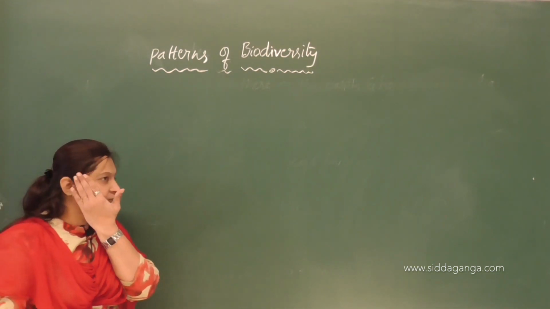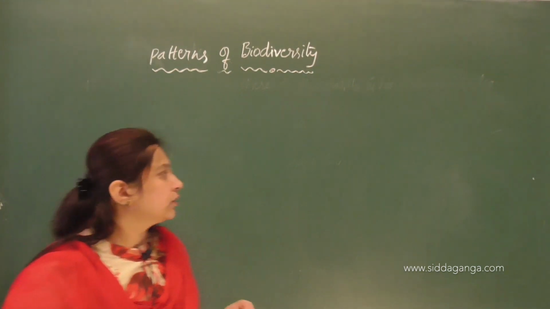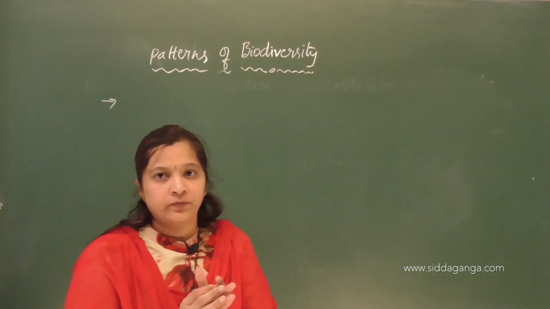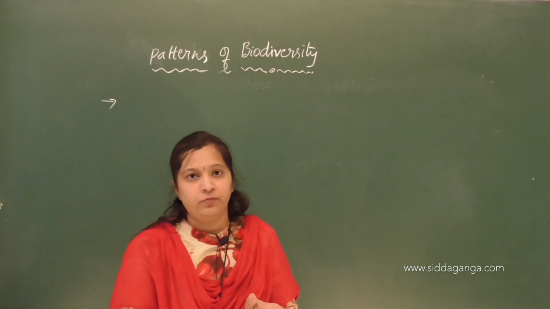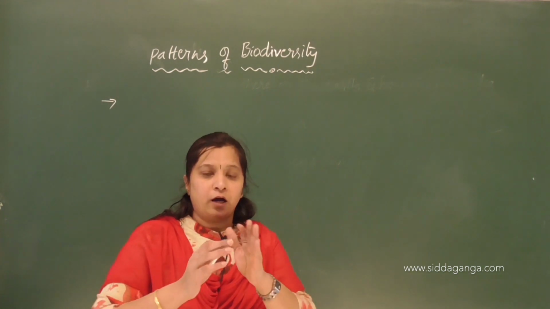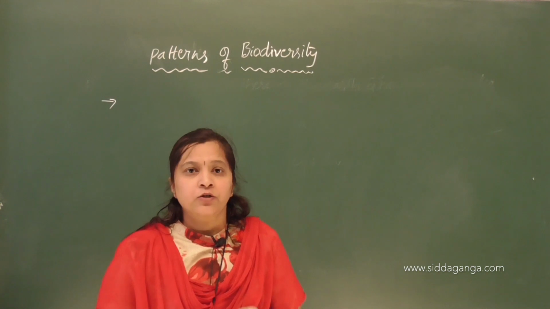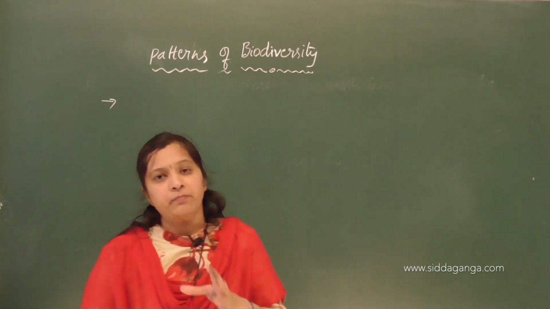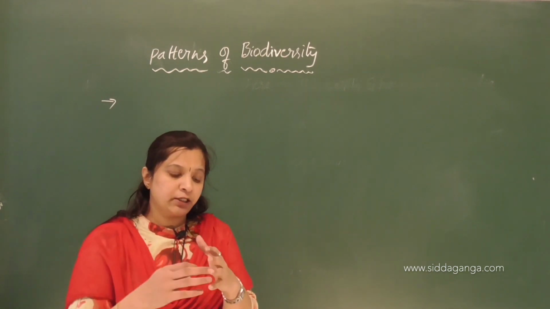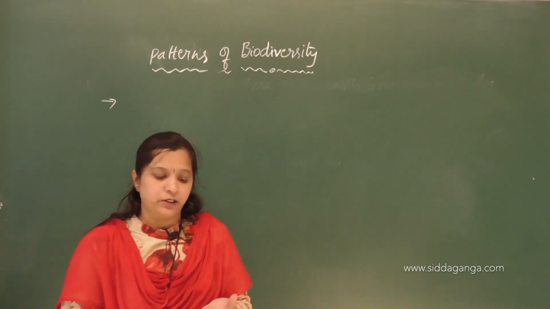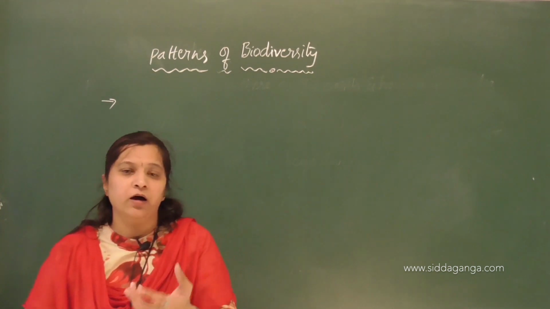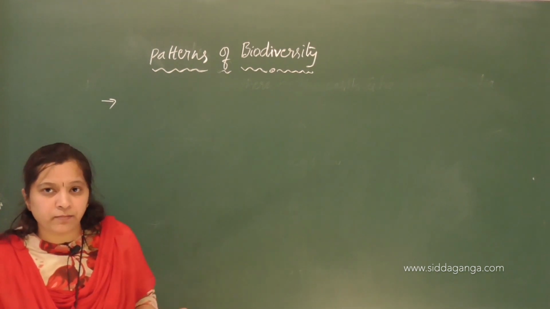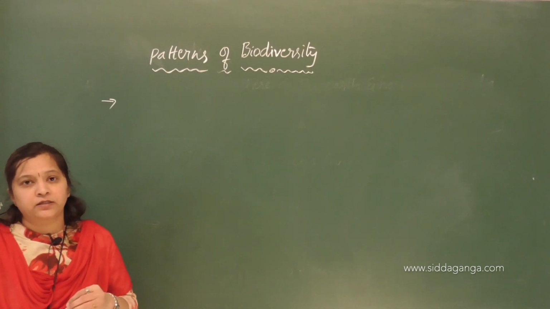So patterns of biodiversity means the biodiversity present on the earth is not uniform. It is not present uniformly throughout the globe. Some regions may have a large number of species, and some regions may have a lesser number of species. So species diversity is more in some areas and least in some areas.